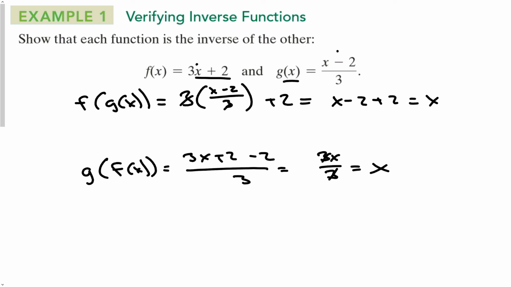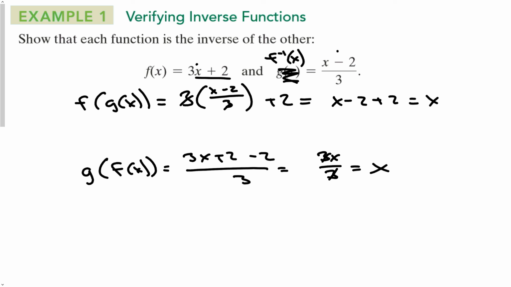So both of these, when I plug them into each other, are equal to x. So these two functions are inverses of each other, and I can rename g f inverse of x because these two functions are now related. That one undoes all the changes by the other one.